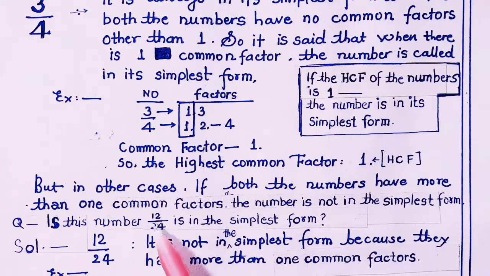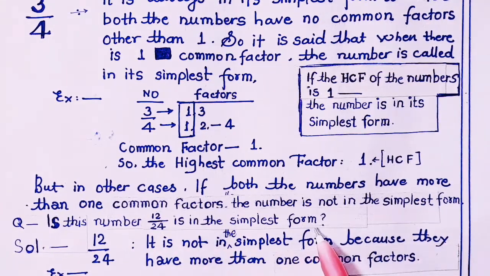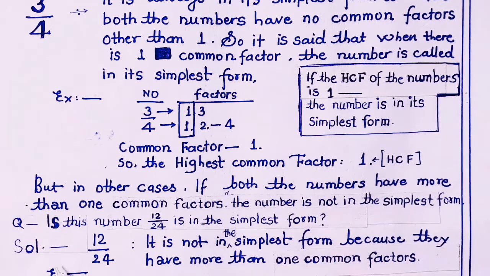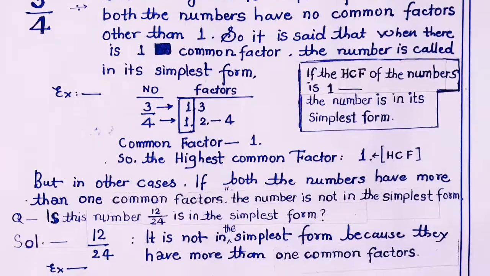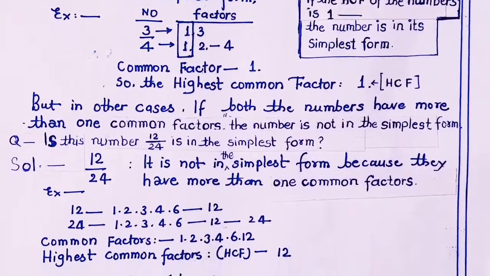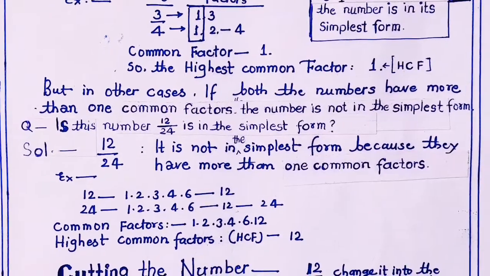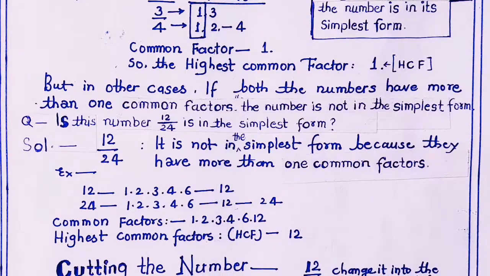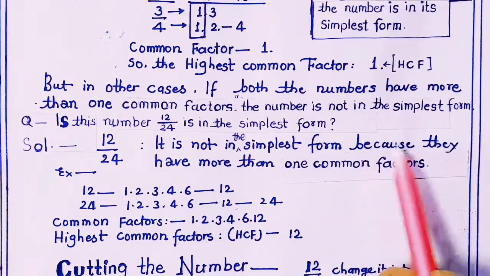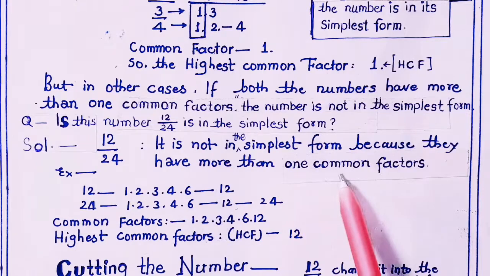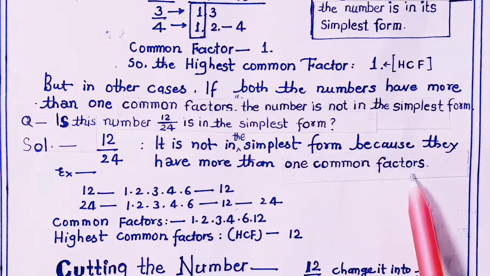Is this number 12 by 24 in the simplest form? The question is asked. So the solution is about 12 by 24. This 12 by 24 is not in the simplest form because they have more than one common factor.